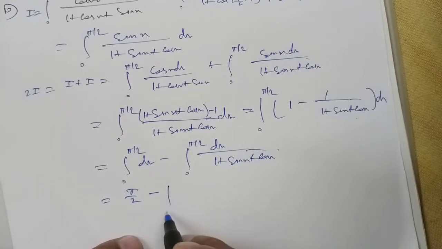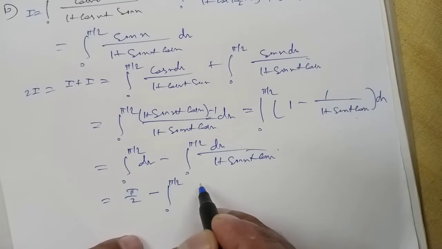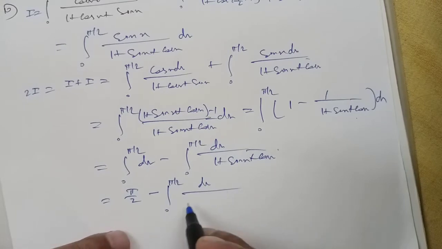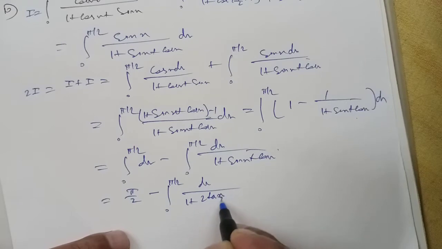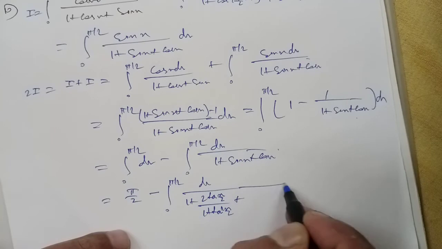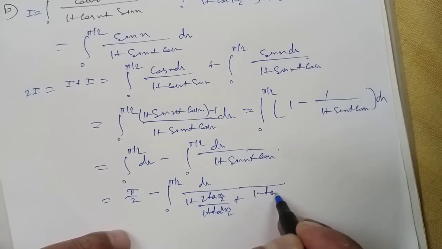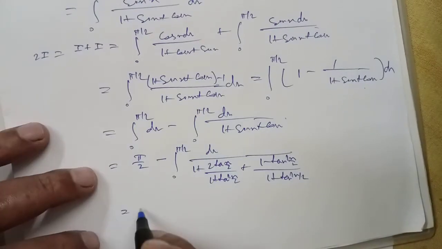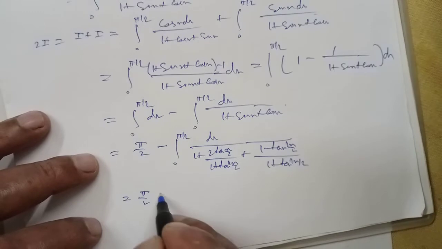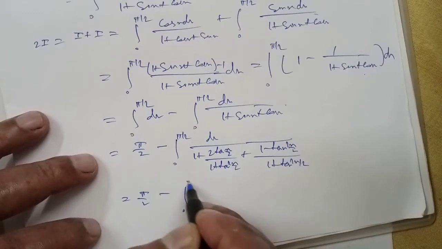In the second part do it this way: 0 to pi by 2 dx by 1 plus, instead of sin x write 2 tan of x by 2 by 1 plus tan square x by 2, instead of cos x write 1 minus tan square x by 2 by 1 plus tan square x by 2. You get pi by 2 minus 0 to pi by 2.